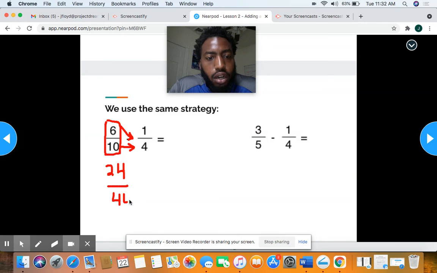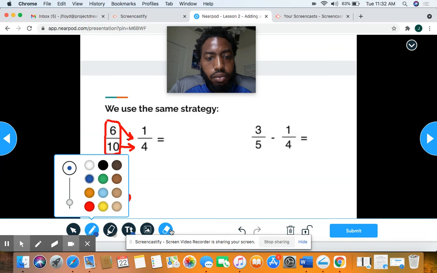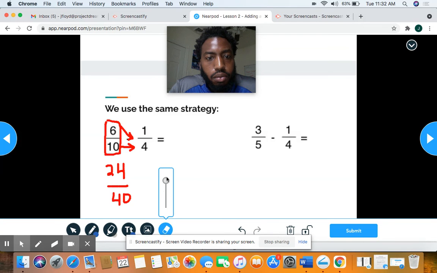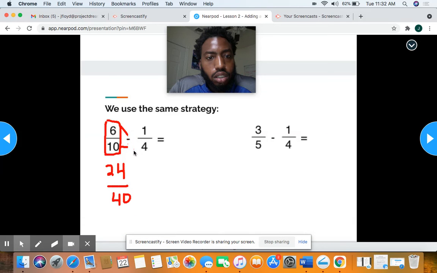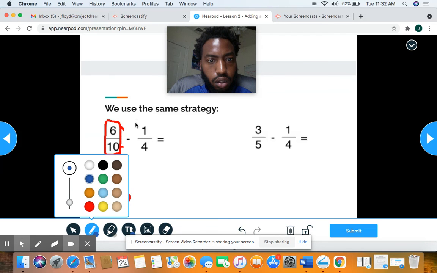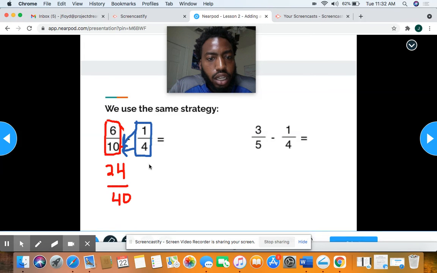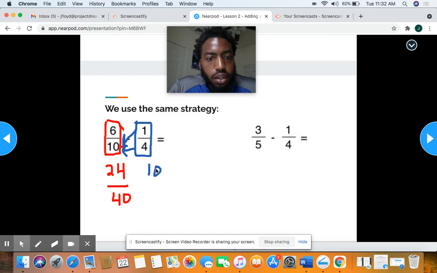Then we go to our second fraction. And we do 1 times 10 and 4 times 10. And 1 times 10 is 10. 4 times 10 is 40.